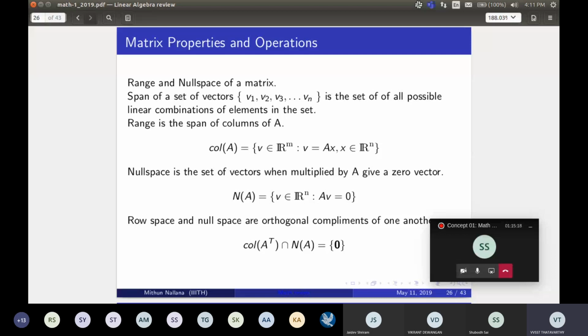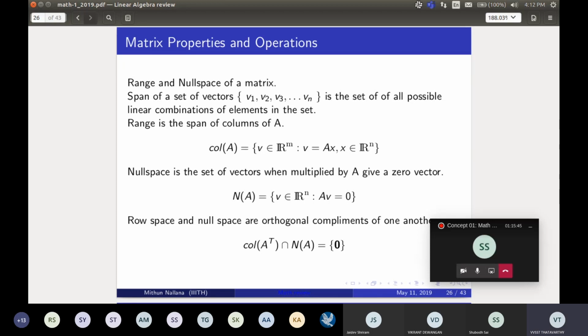You can extend it to matrices also. You take the rows of a matrix as row vectors, and the vector space spanned by those rows is called the row space. Similarly, you take the columns of A and the span of those column vectors, and you call that the column space.